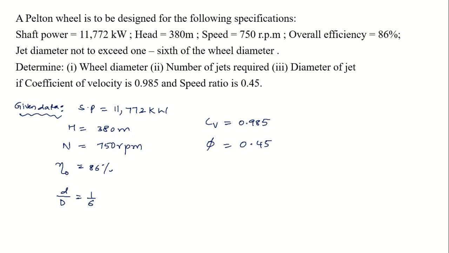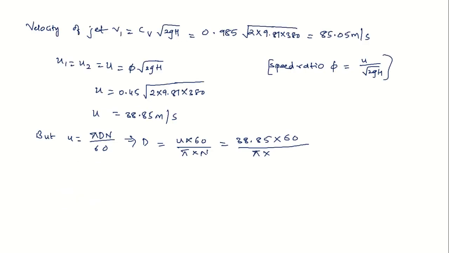So from here our D, diameter of the wheel, comes out to be 0.989 meters. So we are done with the first part of the question.